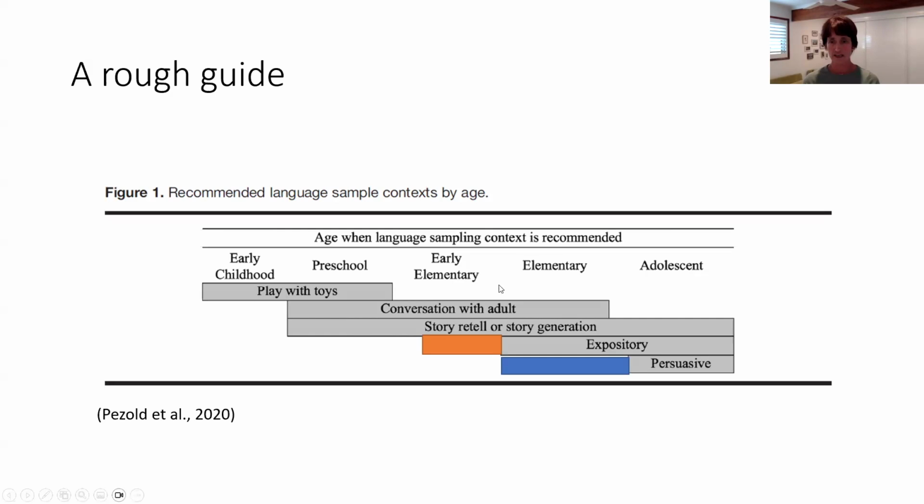And we can look at story retell or generation. Expository we've done for children from about 6 or 7 years of age. That's why I've put in the orange shape. And then persuasive skills, again, definitely from the elementary years. And especially if you're in Australia, persuasion is one of those dreaded goals of national assessments that children work on from sometimes year 2 of schooling.